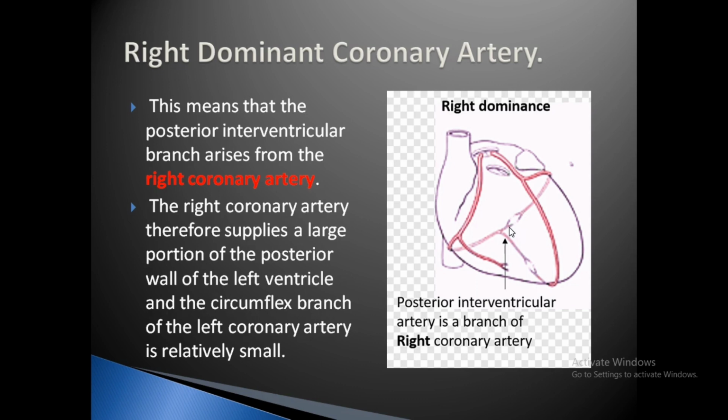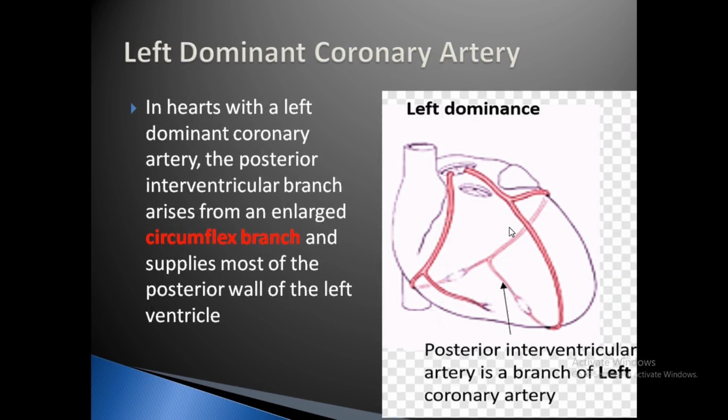But there are several cases where the posterior interventricular artery originates from the circumflex branch. In hearts with the left dominant coronary artery, the posterior interventricular branch arises from an enlarged circumflex branch and supplies most of the posterior wall of the left ventricle. In that case, we say that it is the left dominant coronary artery. So this is a slight variation.